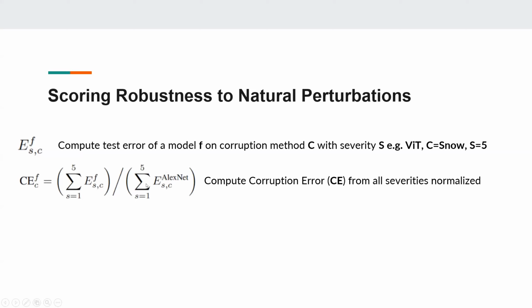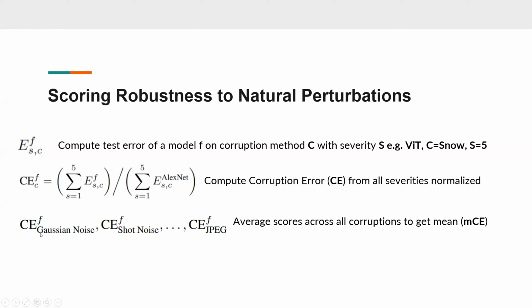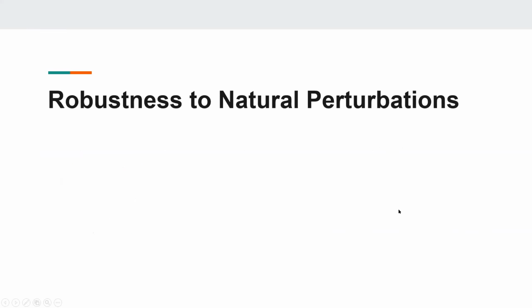The authors in this paper didn't exactly say that they used the AlexNet baseline, but it doesn't really matter which one they used as long as it was common across all of the corruptions. The point of the normalization is just to ensure that if one corruption type was much more severe to an algorithm's performance, that was normalized out by this step. So they averaged the scores across all of those different corruption types to get this mean corruption error.